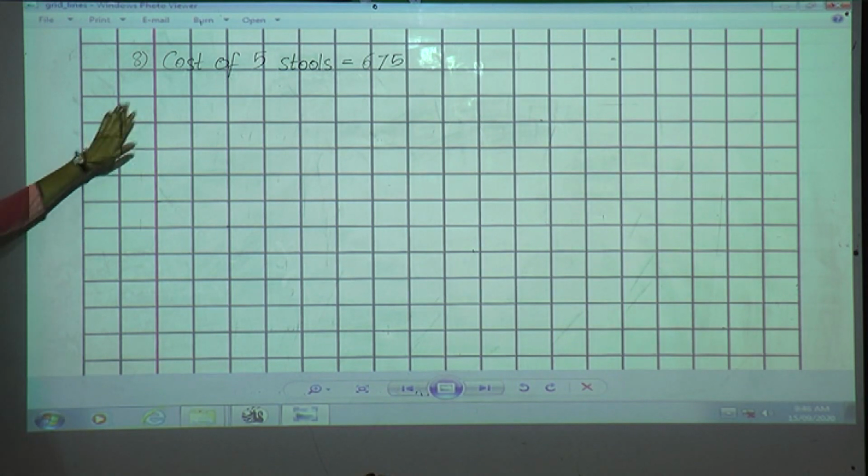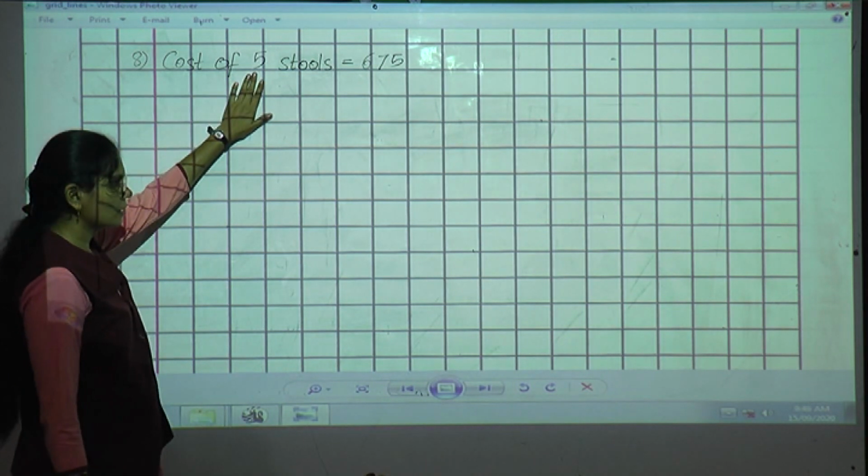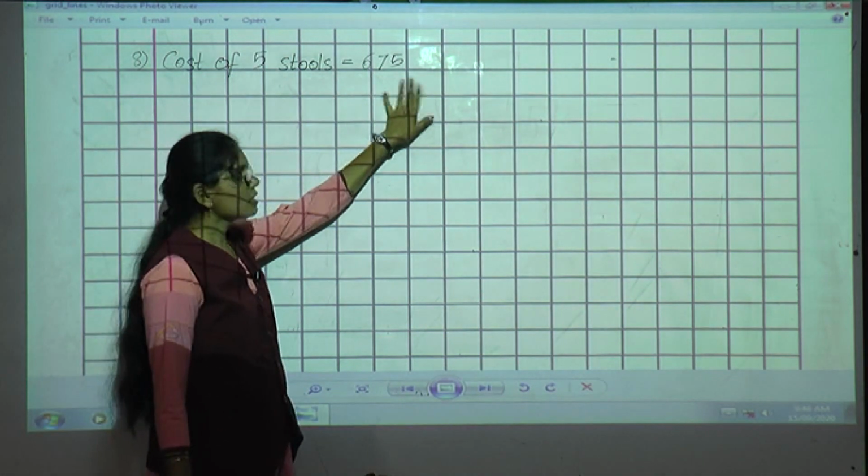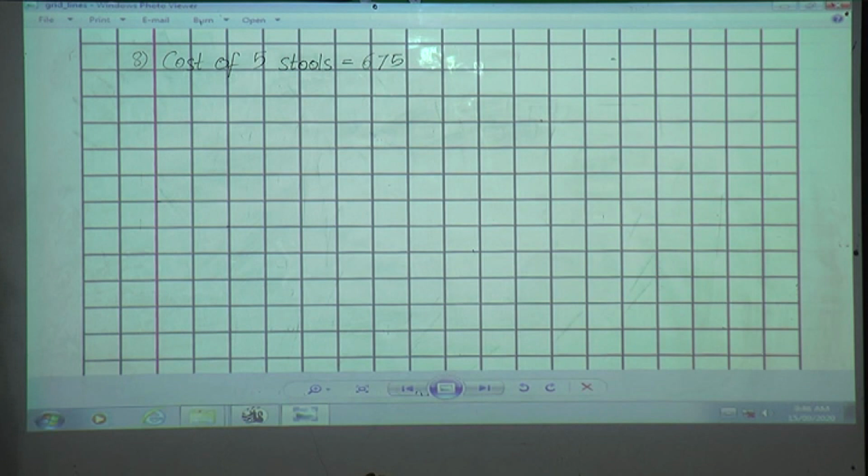Here, see here, number of stalls. How many stalls are there? There were 5 stalls, and the cost of these 5 stalls is equal to 675. And what we have to find out? We have to find out how much does each stall cost.